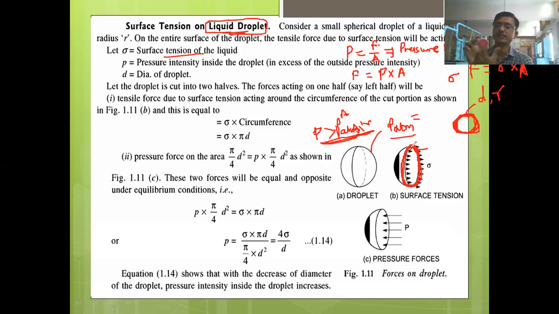It is circular in shape, and on this particular surface that tensile force is acting, and opposite to this tensile force, this pressure force is acting. Tensile force is acting in this direction, and the force opposite to it is acting in this direction, on this entire surface.